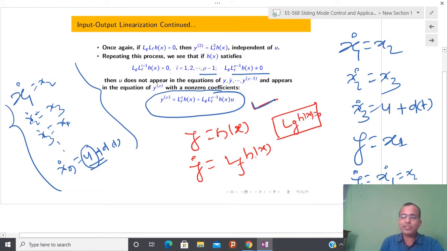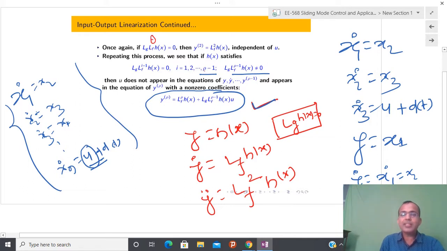Then I have this kind of situation. Again I proceed further, and at that time this particular quantity LgHx is modified to LgLfHx equal to 0. So every time you can see that Lg remains the same, but I have a modification at this particular point.